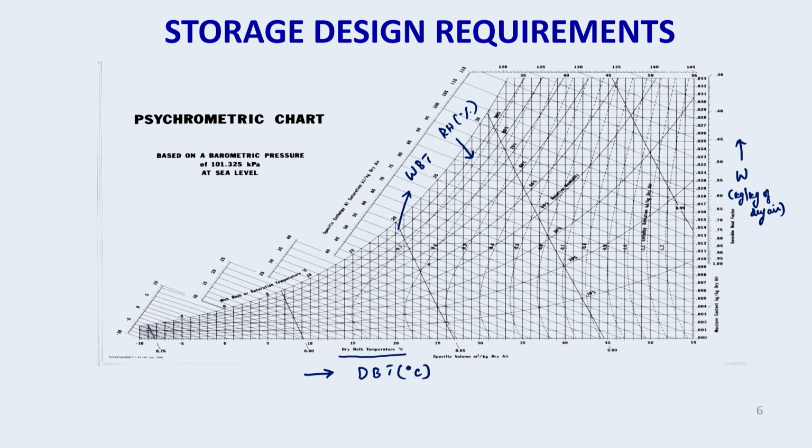If we know any two properties of air, we can find out the remaining properties. Suppose we know dry bulb temperature and specific humidity, we can find out relative humidity and wet bulb temperature. And this is the saturation curve.